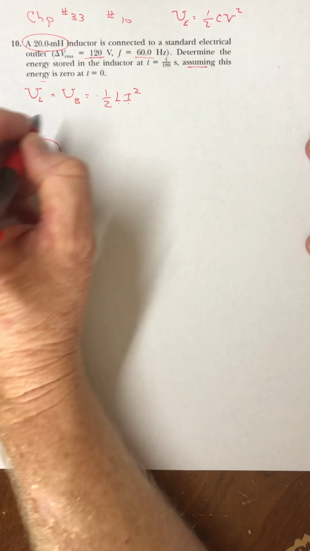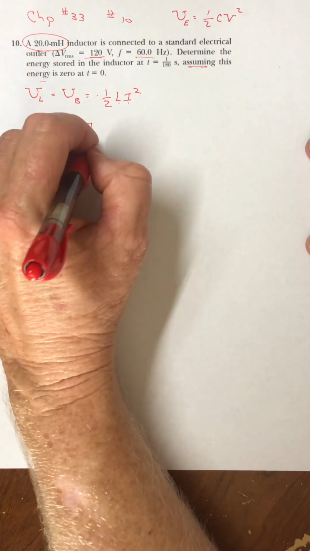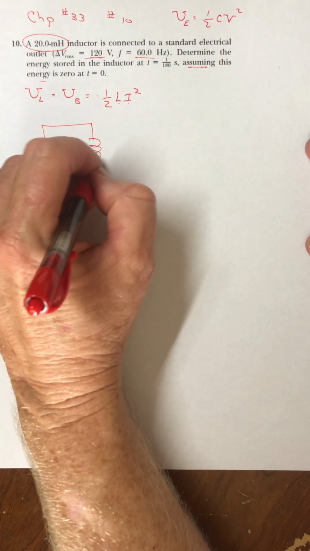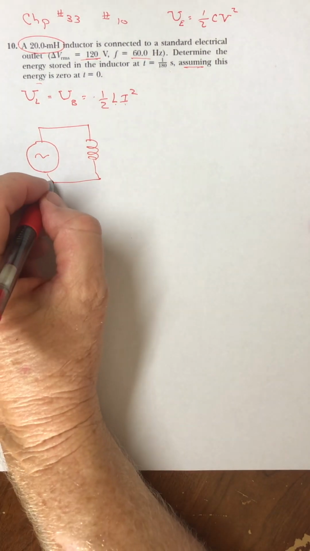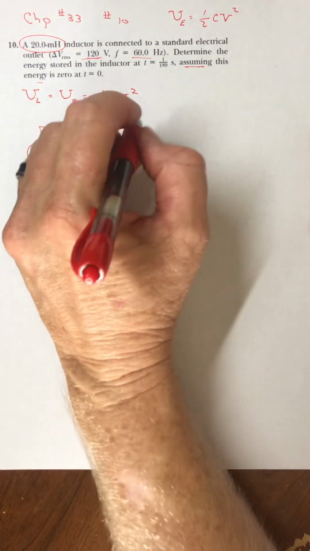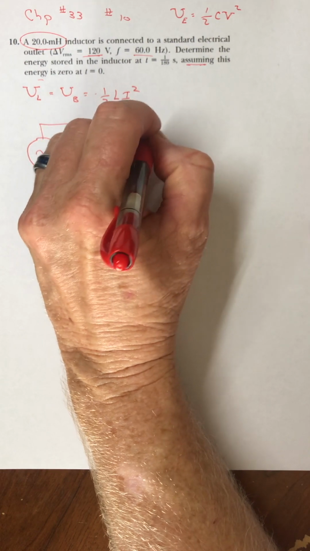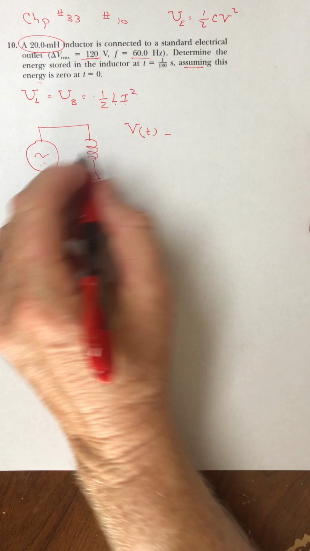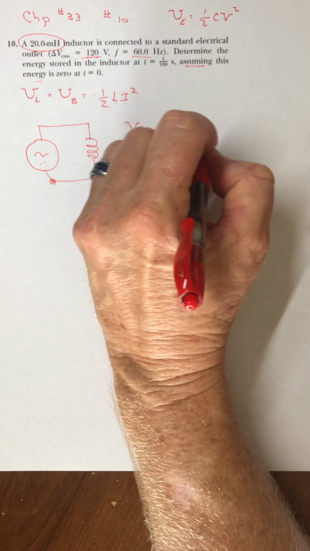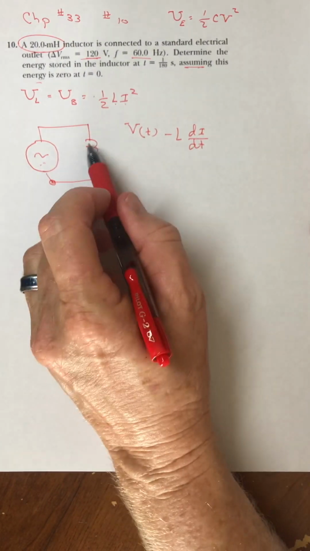What I did in class was this. I took an AC power source to an inductor, and I said, okay, if you do Kirchhoff's loop rule, you'll have the voltage as a function of time from our function generator, and then minus the L di dt from the voltage from the inductor, and that completes the loop.